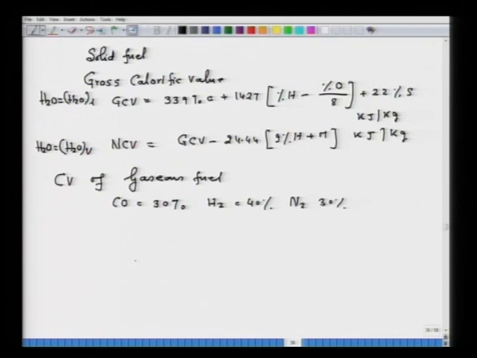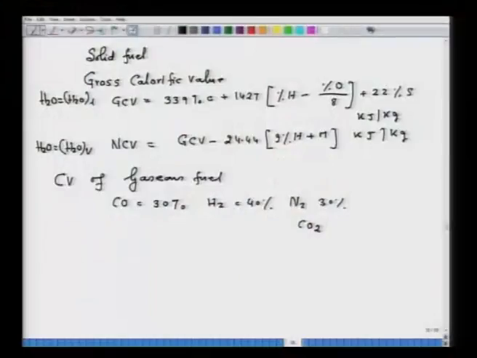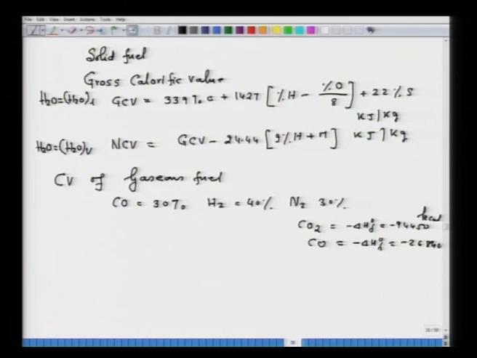Now, by knowing the heat of formation values of CO and hydrogen, because here CO and hydrogen are the combustible components, we know that for CO2, minus delta H naught F is equal to 94,450 kilocalorie per kg mole. For carbon monoxide it is 26,840 kilocalorie. So, you can determine those.